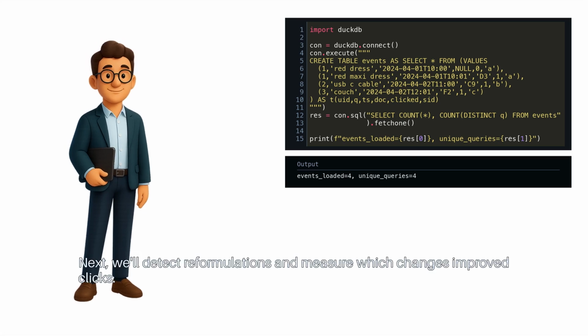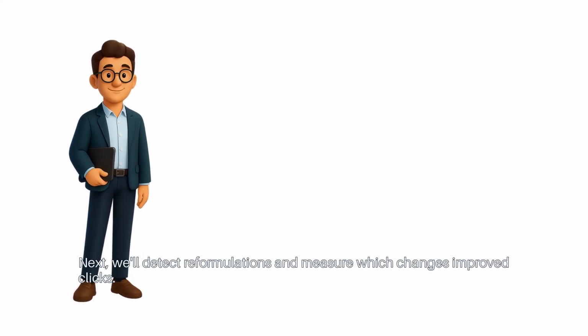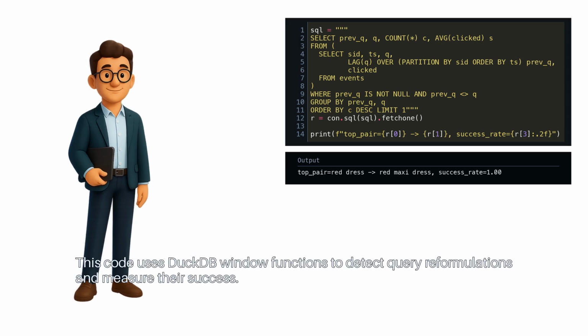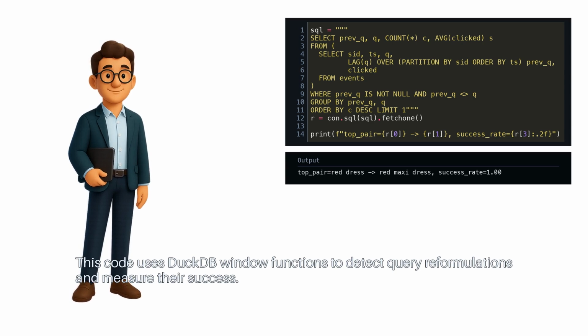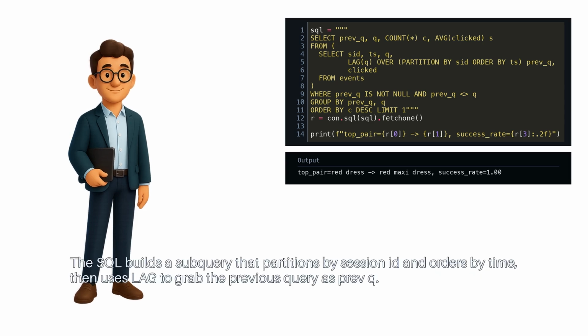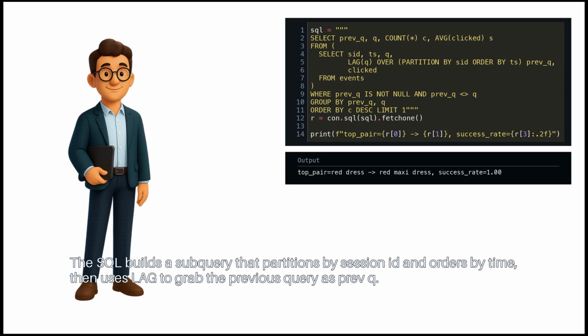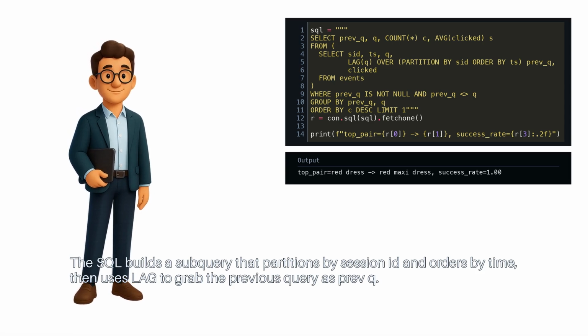Next, we'll detect reformulations and measure which changes improved clicks. This code uses DuckDB window functions to detect query reformulations and measure their success. The SQL builds a subquery that partitions by session ID and orders by time, then uses lag to grab the previous query as prevq.